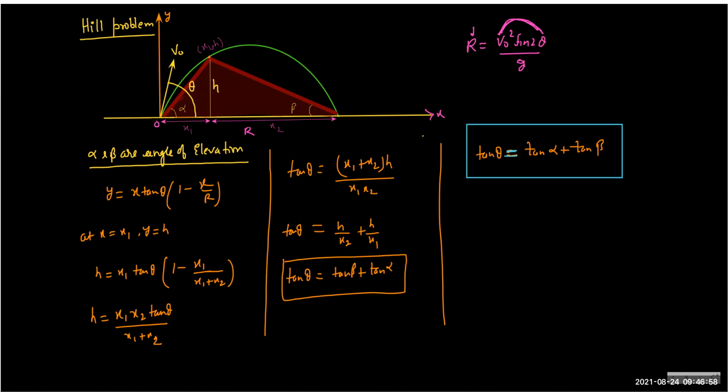All right. Next. So tan theta is equal to tan alpha plus tan beta.